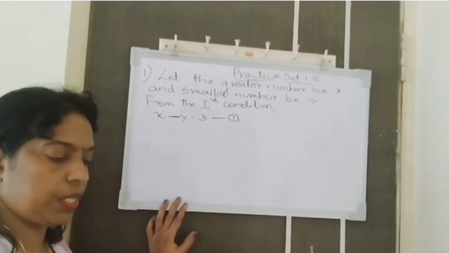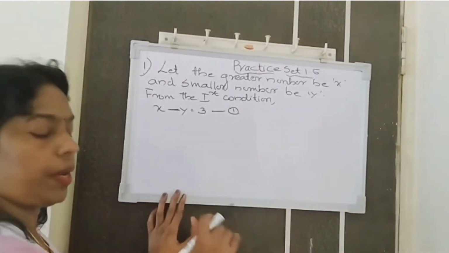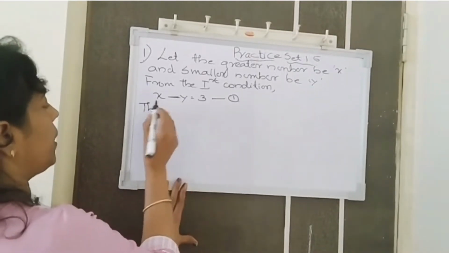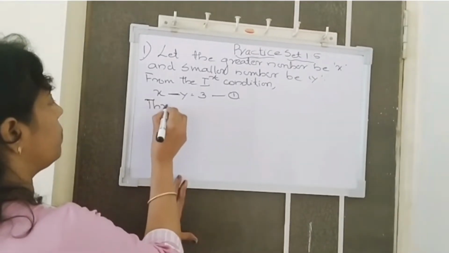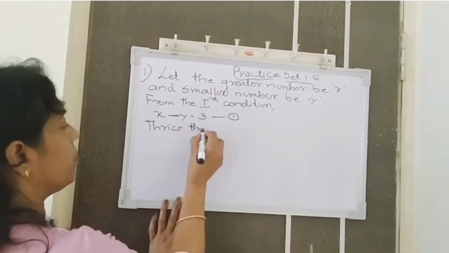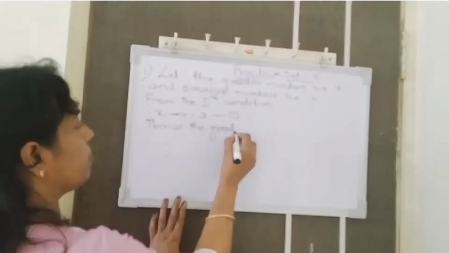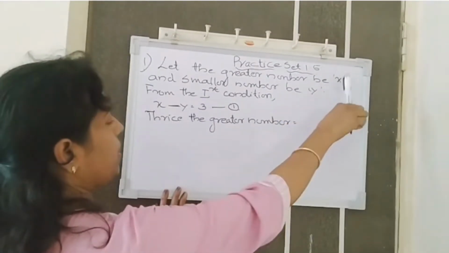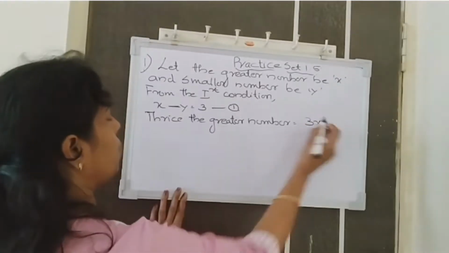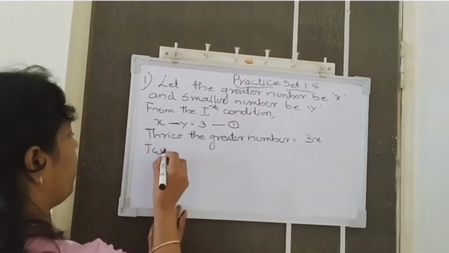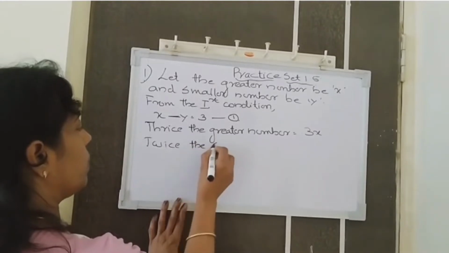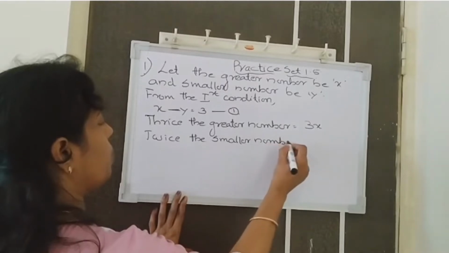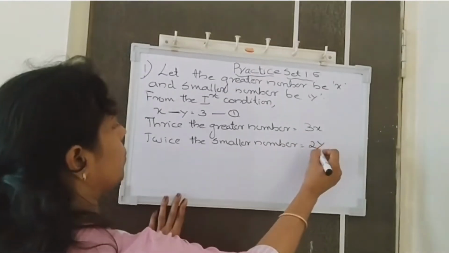And the second condition is the sum of twice the smaller number and thrice the greater number. Thrice the greater number means the greater number is x, therefore 3 into x, and twice the smaller number is equal to 2y.